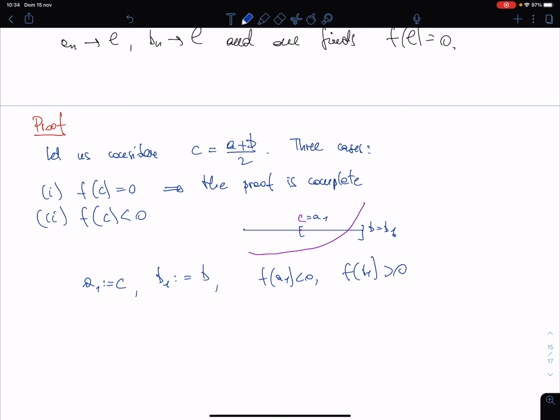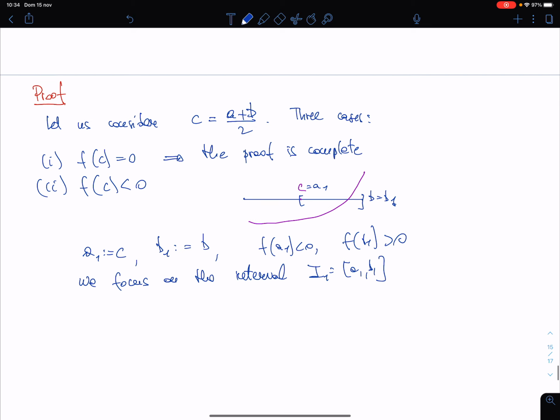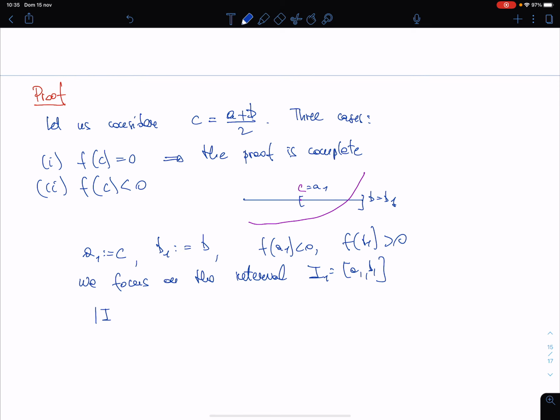So the new interval on which we focus is a1, b1, and of course the size of I1 is (b minus a) divided by 2, and a is less than a1 and b1 is equal to b.